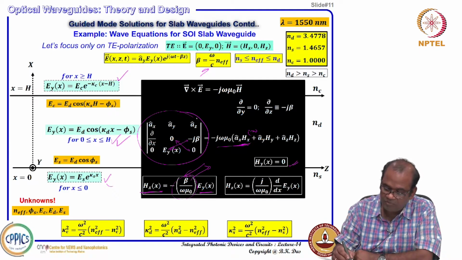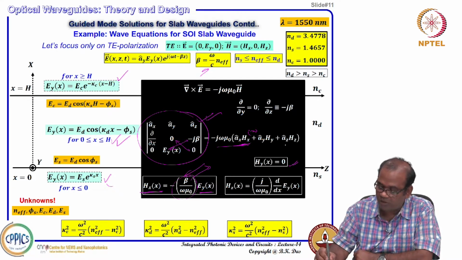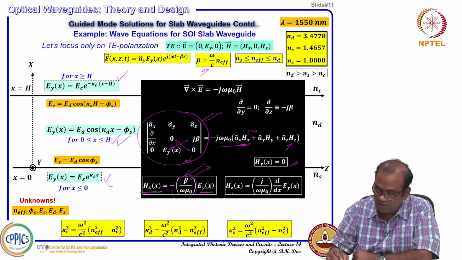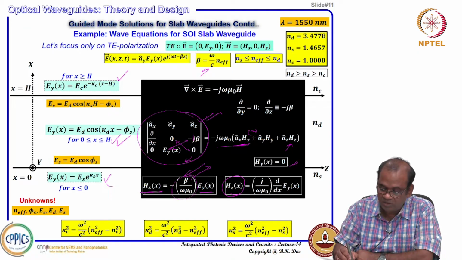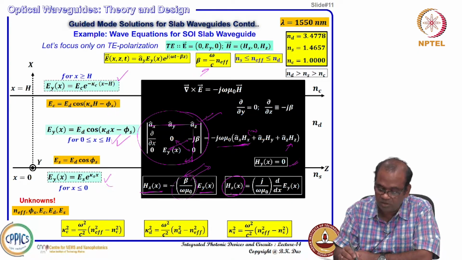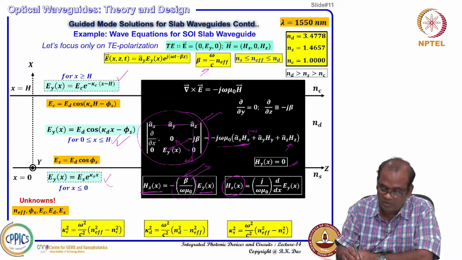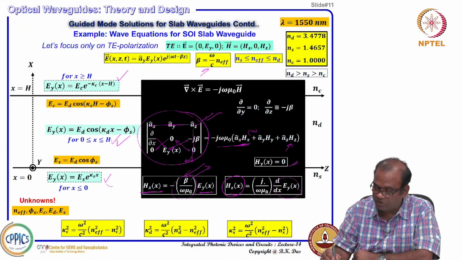And similarly from this expression I can find out z component, left hand side, z component right hand side. If I equate, then for the z component of the magnetic field, I am just considering these two things barring the others, that means this to this and this to this, that means del del x Ey. So, if you do del del x Ey, and along with that you have j omega mu 0 this side, so that means j by omega mu 0.